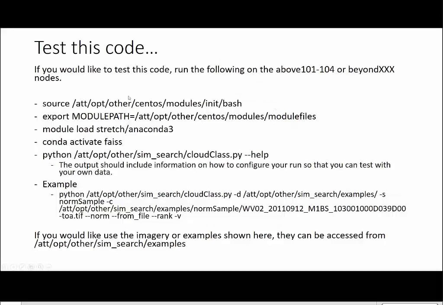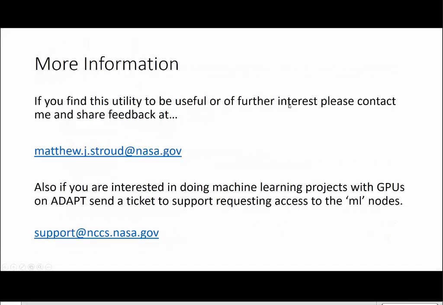So to test the code, I set up something, and I'll do a demo of this in a second, so we'll skip over this for now. But basically, if this looks like it'll be useful to you, or you want more functionality from it, that's kind of what we're looking for.